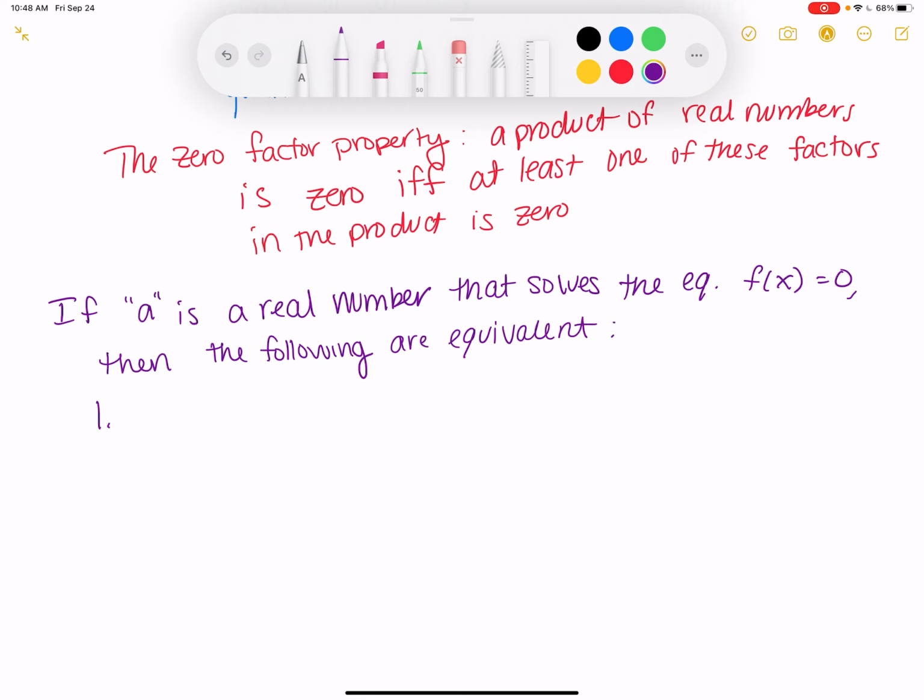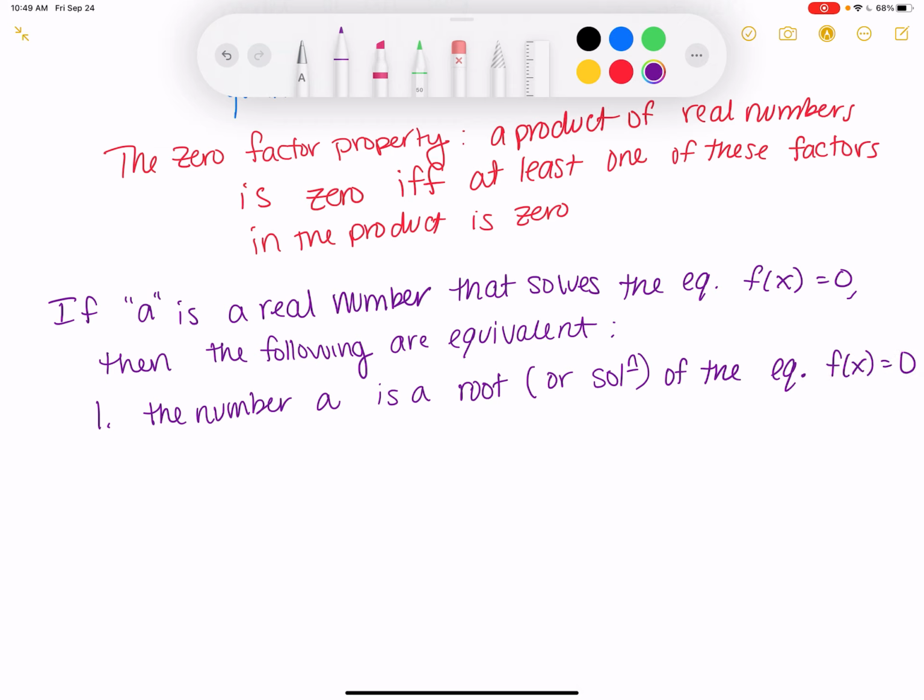First, the number A is a root or a solution. Okay, remember SOLN is solution, EQ is equation, of the equation f of x is equal to 0.